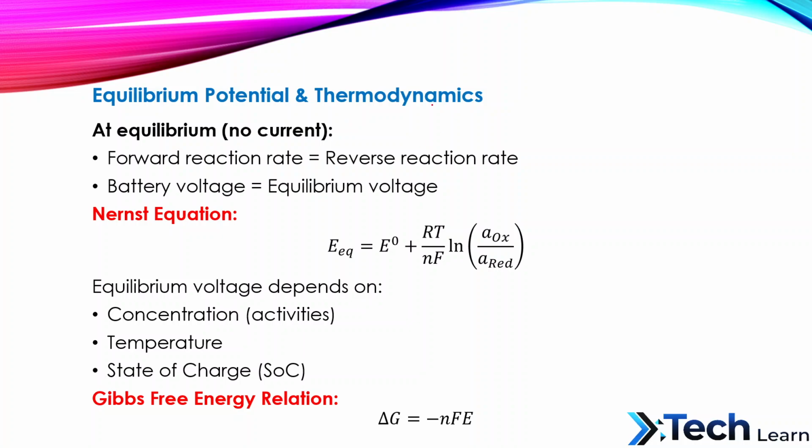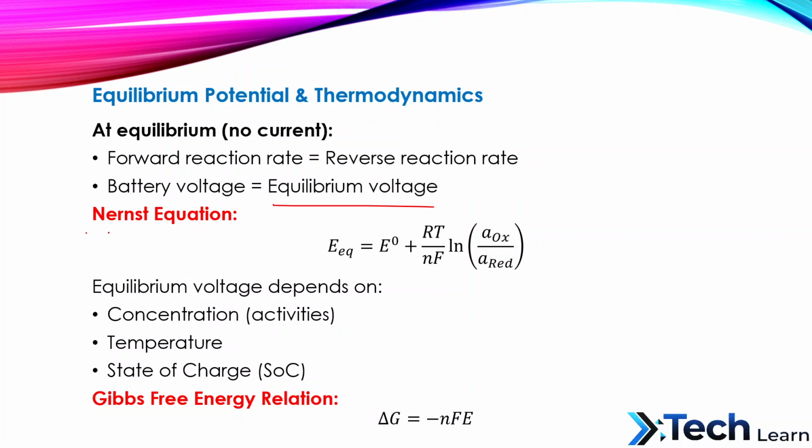When no current flows, the battery is in equilibrium, and the forward and backward reaction rates are equal. So there is no net current. At this condition, the battery voltage is called the equilibrium potential.